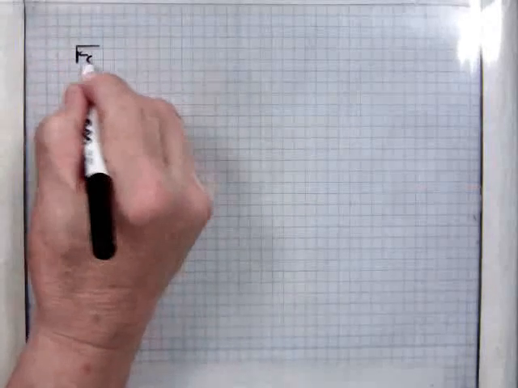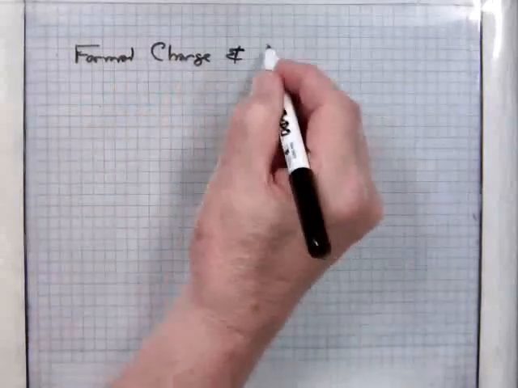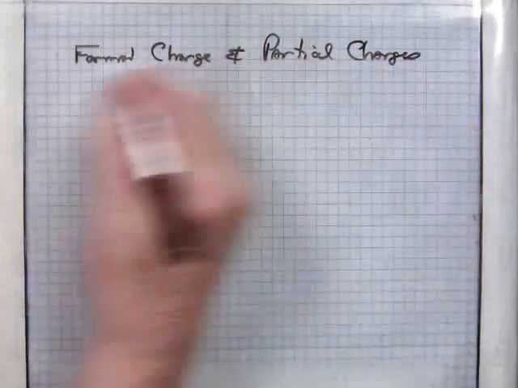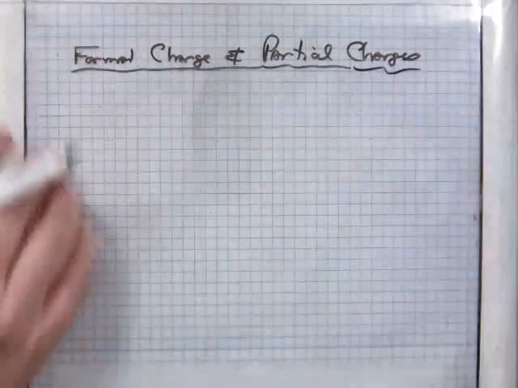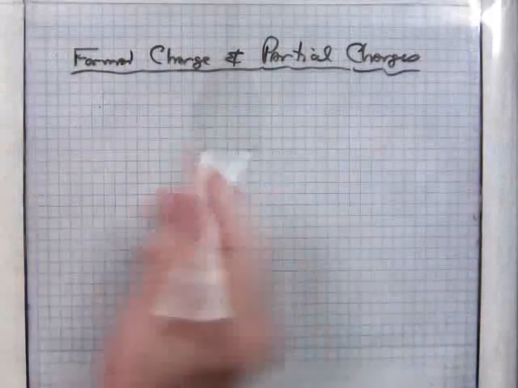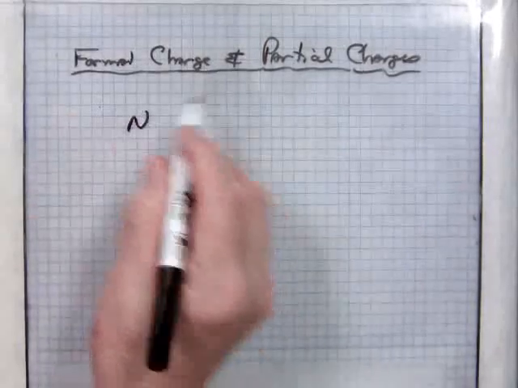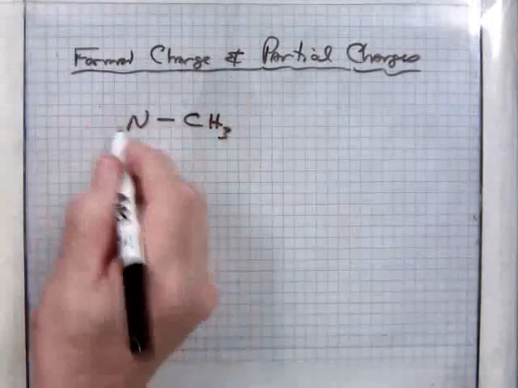Electrostatic charges of substances, formal charge and partial charges. Given a molecule, let's see. See, that's just a little group on there.